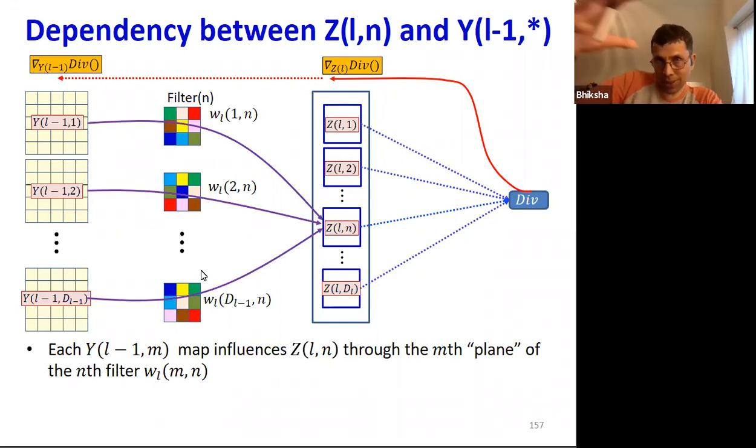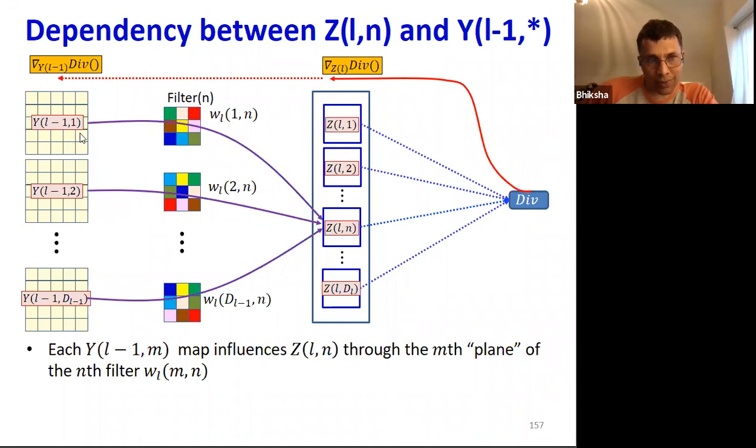The filter is a cuboid, but I can think of it as having many planes, one per activation map in the L-1th layer. Again, this is just referring to notation we've been using through the past classes. So every one of these maps convolves with the corresponding filter and contributes to this one. So the mth map convolves with W_mn. The second index represents the destination, and the first index represents the source.